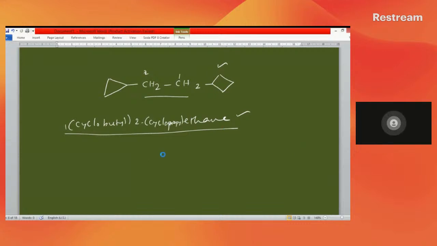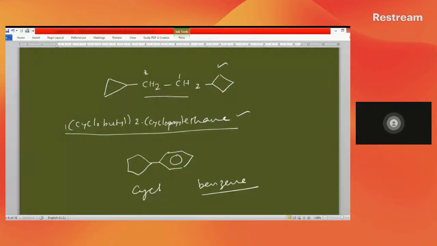And we can give so many examples like this. Suppose to the benzene structure, some aliphatic rings are getting attached. You must treat benzene as the main hydrocarbon. You see, it is the benzene structure to which the cyclic compound is attached in this manner. Then treat the benzene as the parent, and the cyclo group is attached to it.